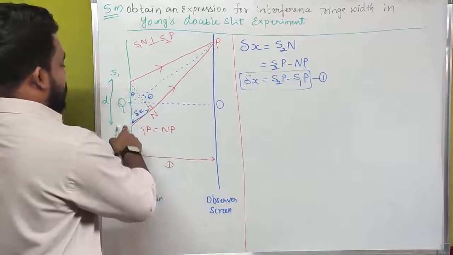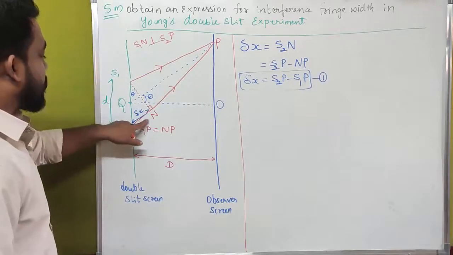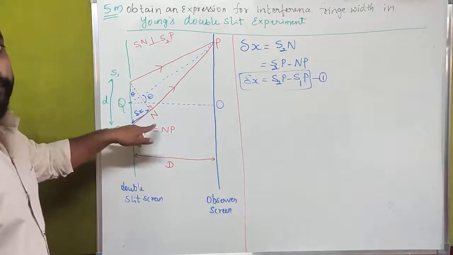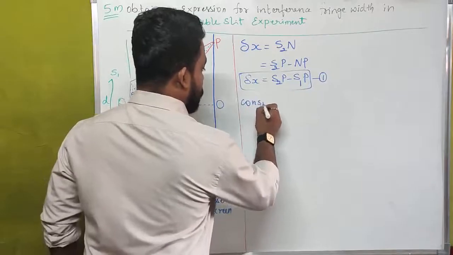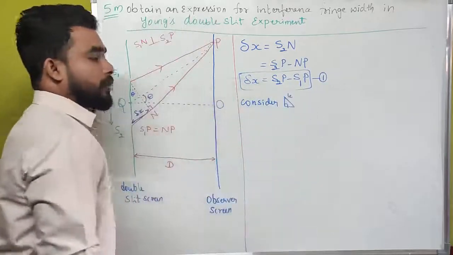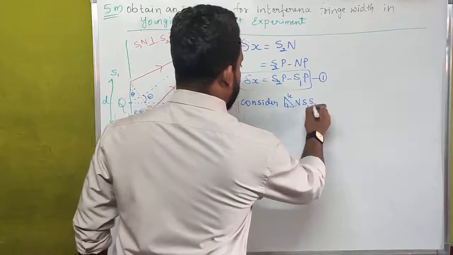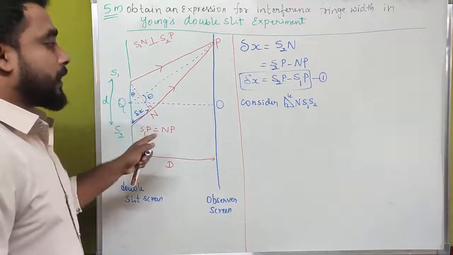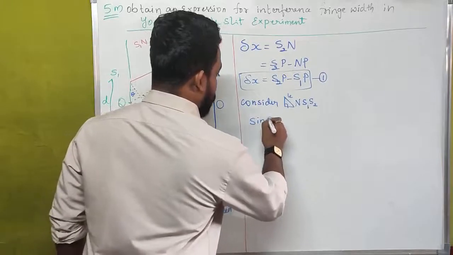Next, consider the right angle triangle N, S1, S2. If we consider this right angle triangle, what we will get is sin theta is equal to.